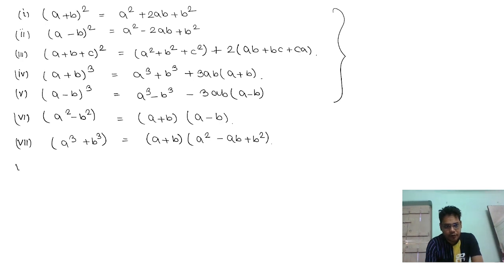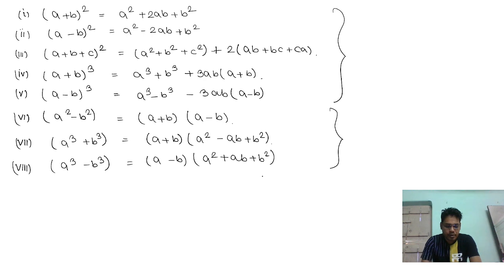Now the eighth formula is a cube minus b cube. That is a minus b multiplied by a square plus ab plus b square. These three formulas are also among the most important. You have to keep these formulas in mind. What is the first formula? A plus b whole square, that is a square plus 2ab plus b square.